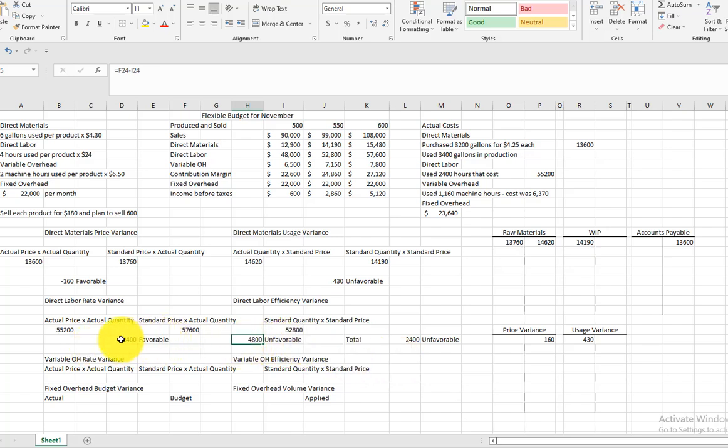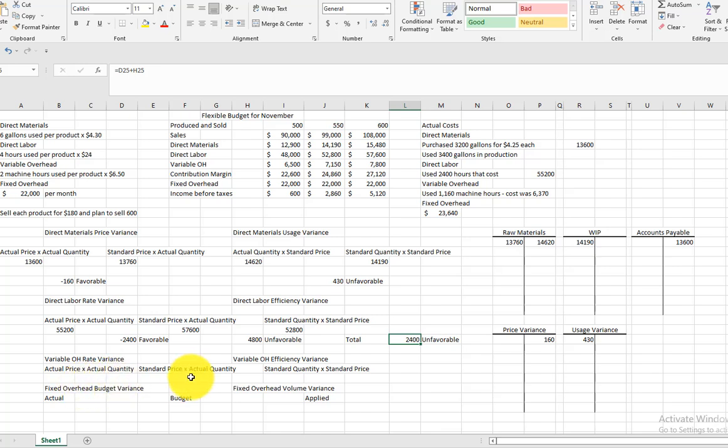So these can be added together. We take the total and we're at 2,400 unfavorable. So we have a favorable price variance, an unfavorable quantity variance or efficiency variance that leads to an unfavorable total variance.